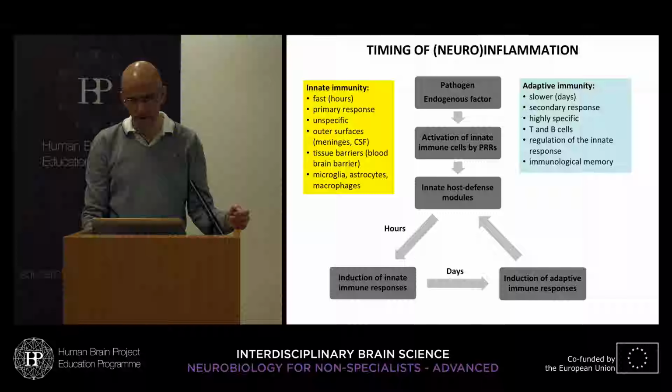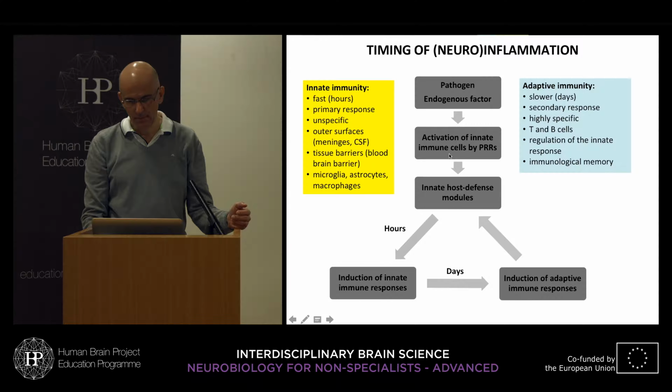If you remember what you have learned in immunology on the timing of an inflammatory response, you will remember that you will always need an exogenous, like a pathogen, or an endogenous factor to start an inflammatory response.